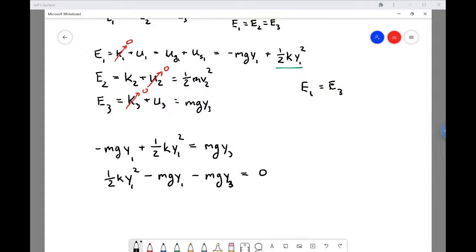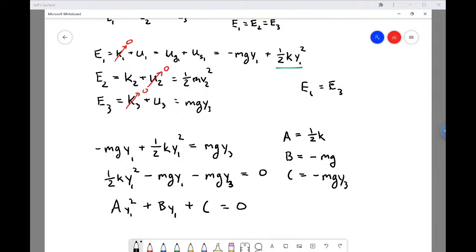So we have an equation here that's of the form a y1 squared plus b y1 plus c equals 0, where a is equal to 1/2 k, b is equal to minus mg, and c is equal to minus mg y3.